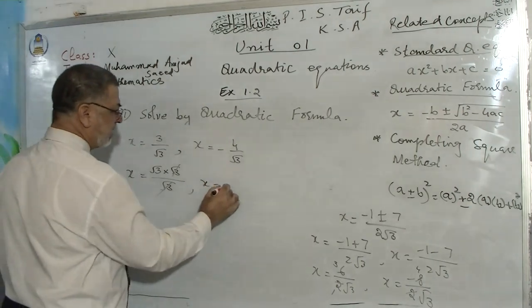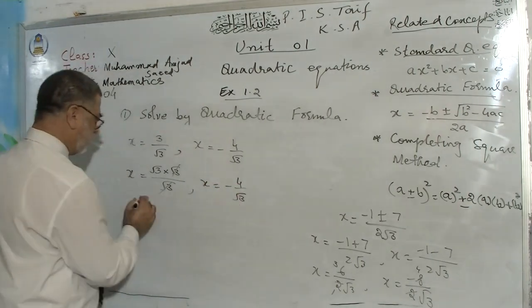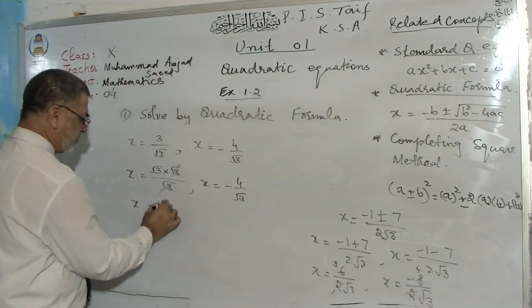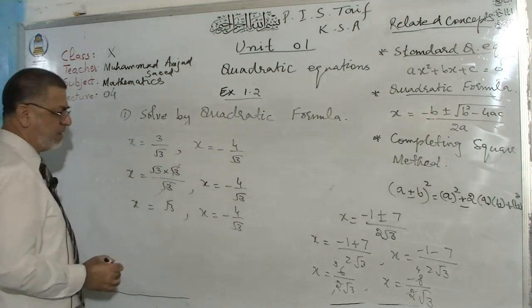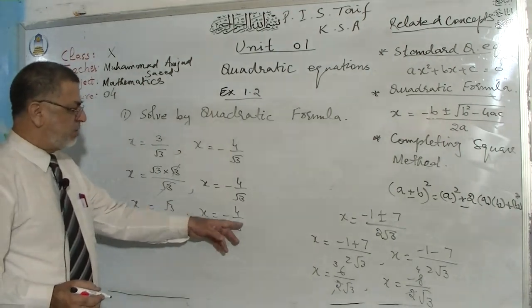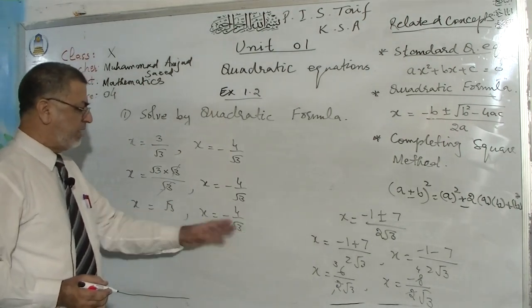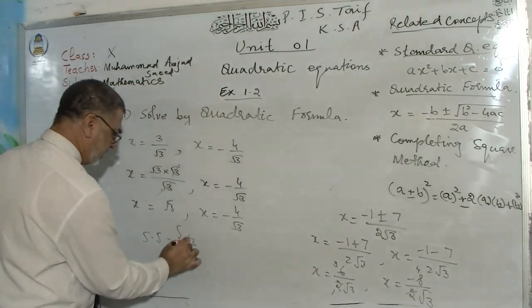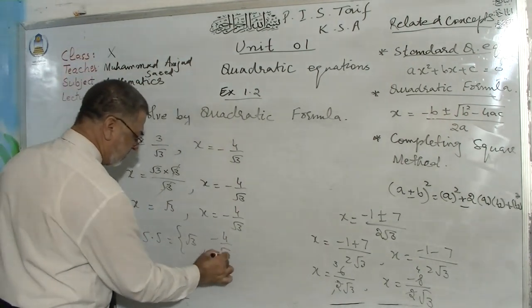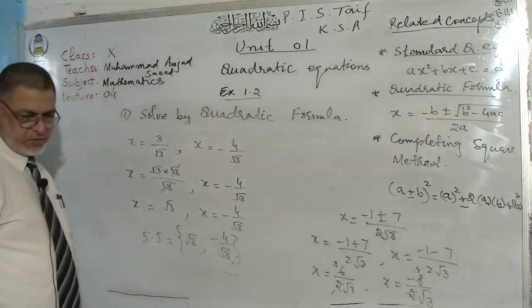Here x is equal to minus 4 over 3. So x is equal to 3 and x is equal to minus 4 over 3. Even you can remove the root by multiplying above and below by the root, or you can leave it. Your solution set is 3 and minus 4 over 3. That is your answer.